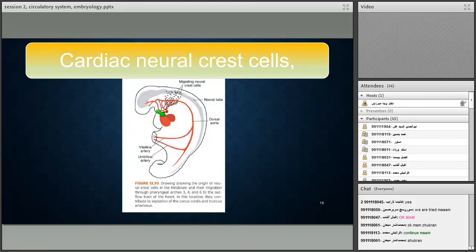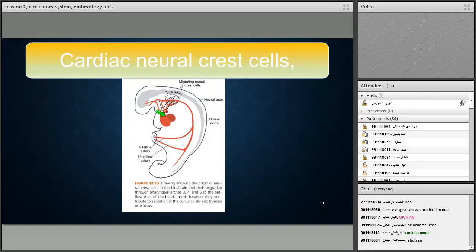So the neural crest cells contribute to the formation of the endocardial cushions in the conus cordis and truncus arteriosus.